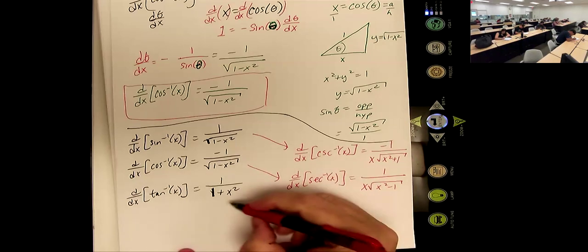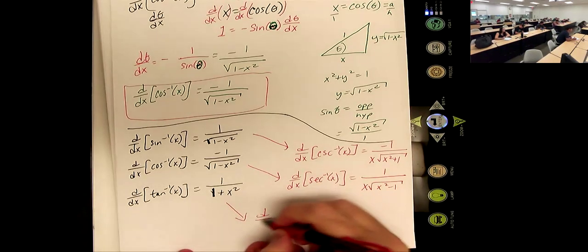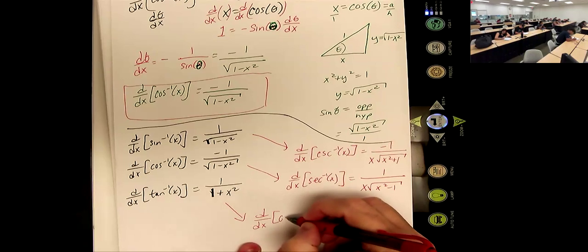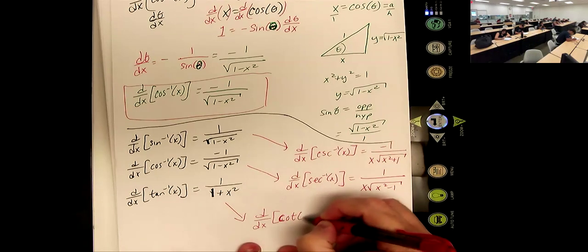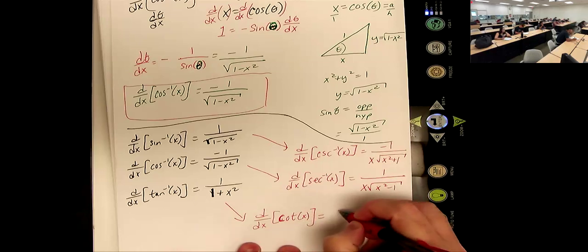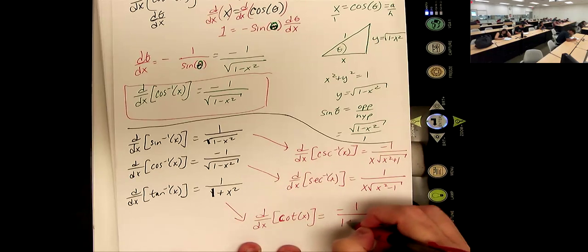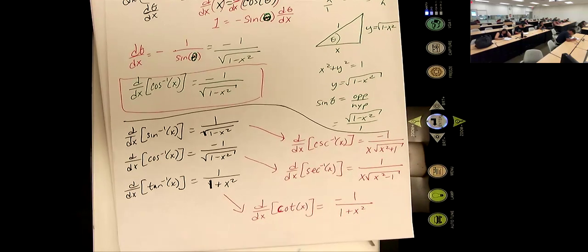And miraculously, the derivative of cotangent is just the negative of the tangent one. That's kind of nice.